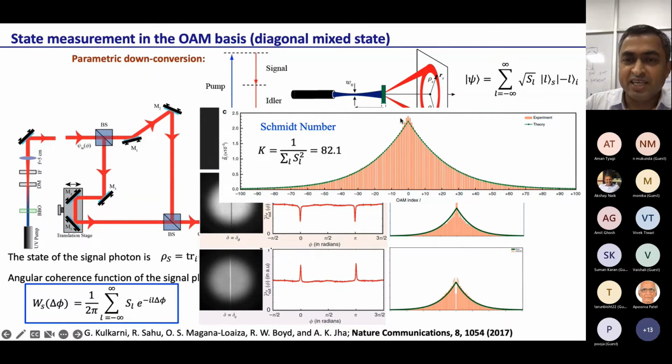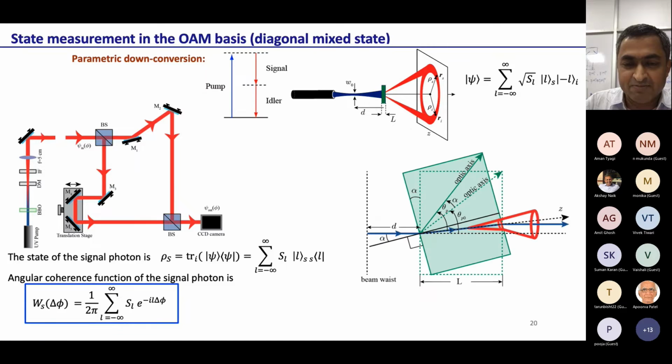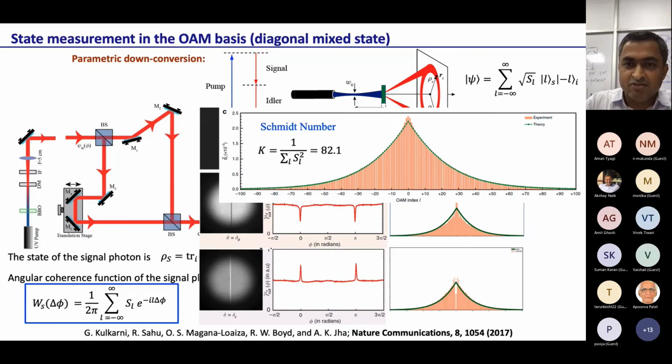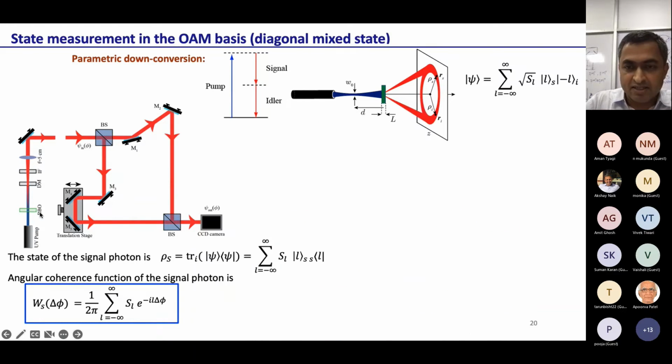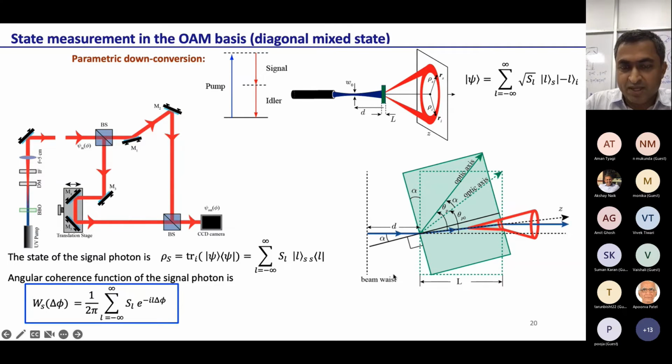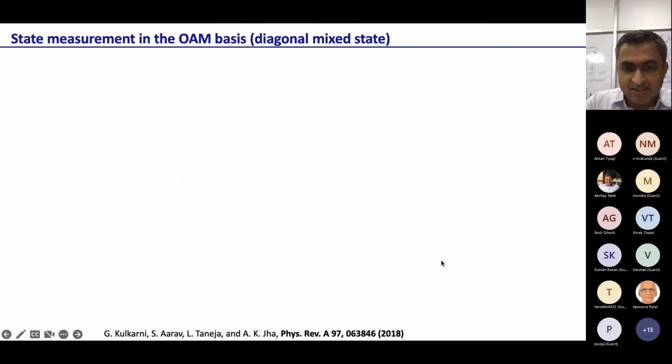Of course, you see something here. There's a fantastic fit, except at this point. So we looked at it a little more carefully, even from a theory perspective. In this case, we were not taking care of the tilt of the crystal. If you include the tilt or the phase matching of this crystal, then I'll just show you the result.